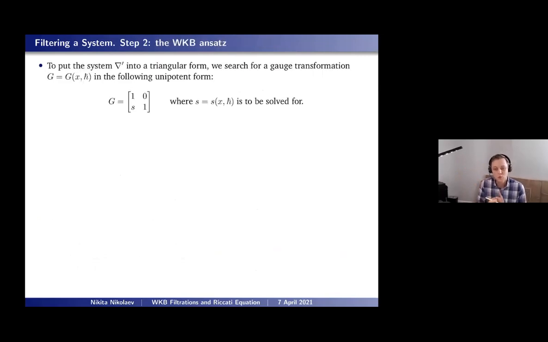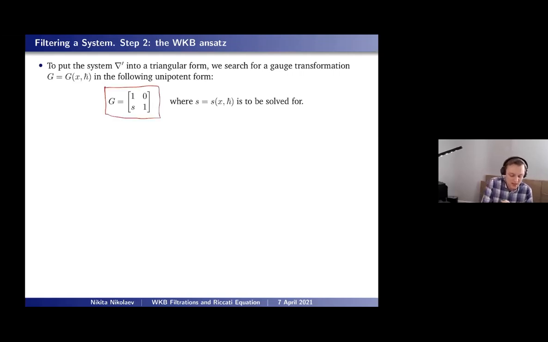And so that's step 2. It's maybe a generalization of what you would call a WKB ansatz, or maybe it's related to the WKB ansatz. So the idea is that I'm going to put my system nabla prime into a triangular form by searching for a gauge transformation in a special form, which is this unipotent lower triangular form.